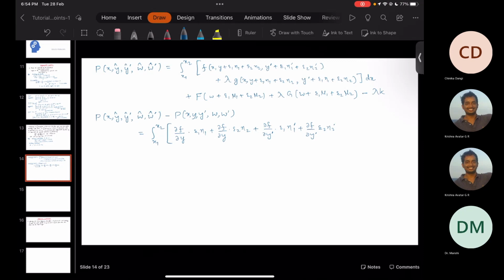And likewise we'll have plus lambda dou g by dou y, first in terms of epsilon 1 eta 1 plus epsilon 2 eta 2, plus lambda dou g by dou y prime, in terms of epsilon 1 eta 1 prime plus epsilon 2 eta 2 prime.